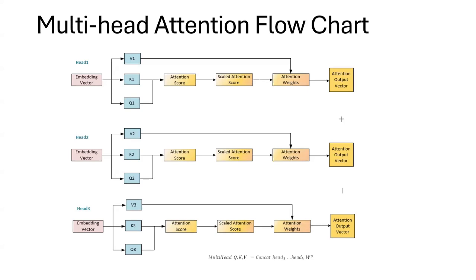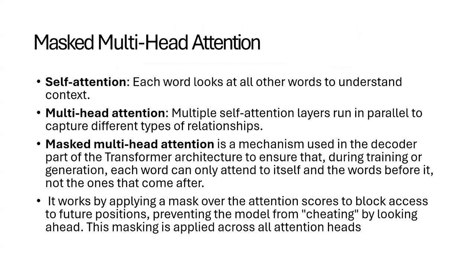So we calculate this way, and this is called multi-head attention. Once every head provides output, it is added, and finally we get the attention value. But that is multi-head attention.